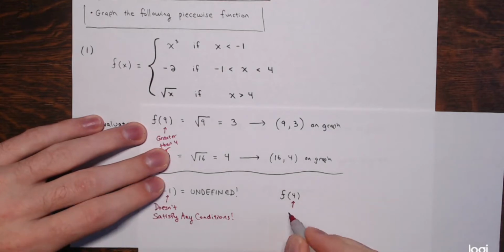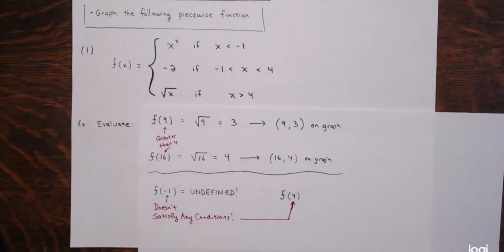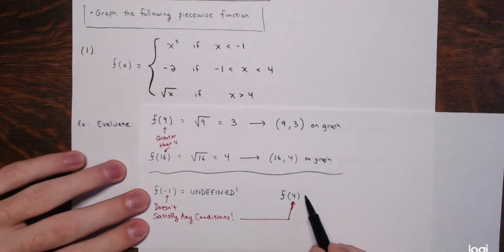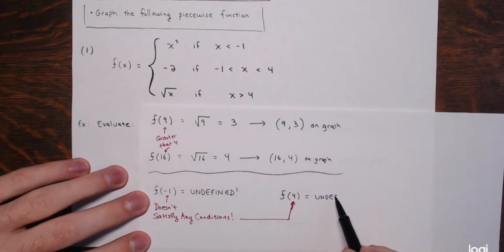But again, my input of 4 doesn't satisfy any of the conditions. So once again, there is not going to be a point on this graph with an x value of 4. There is no output when the x value is 4, and so once again, this is undefined.